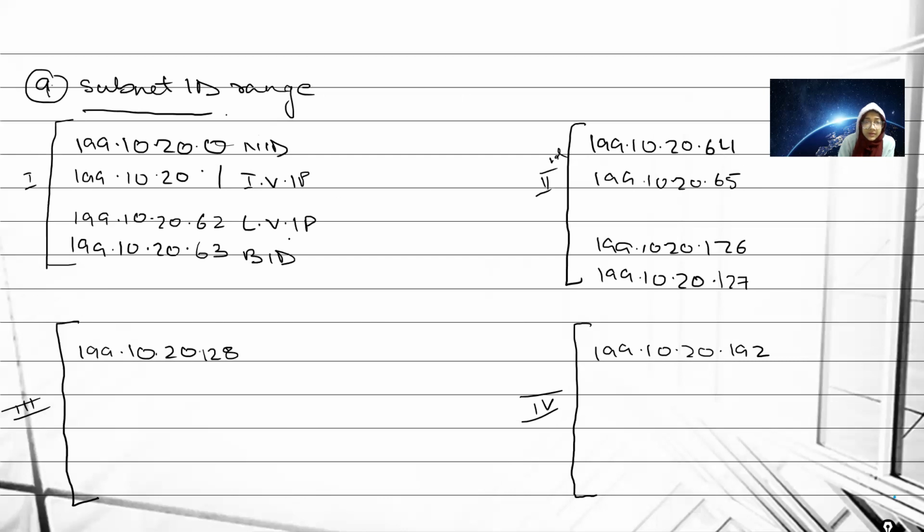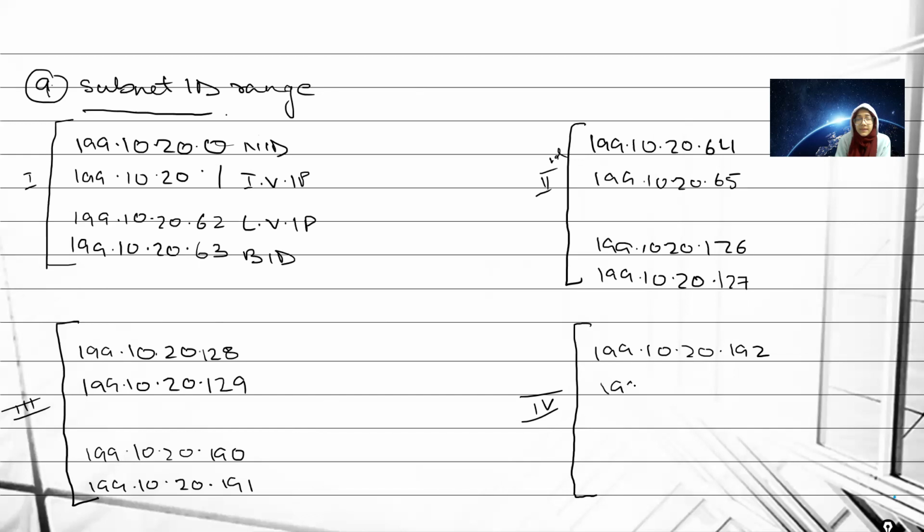I will label it. Wait a minute. 199.10.20.129, our first valid. 199.10.20.191, one less from 192. 199.10.20.190, our last valid.